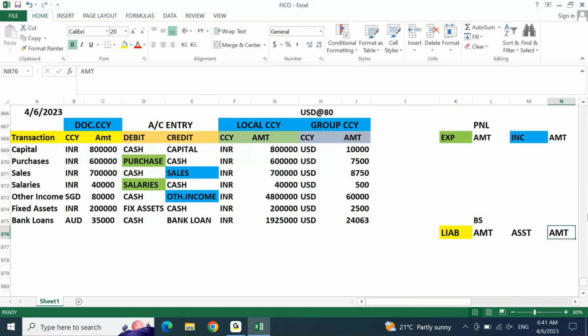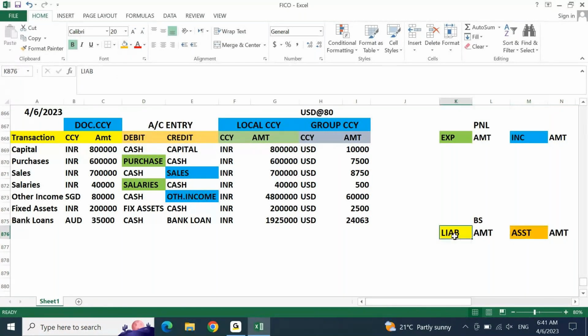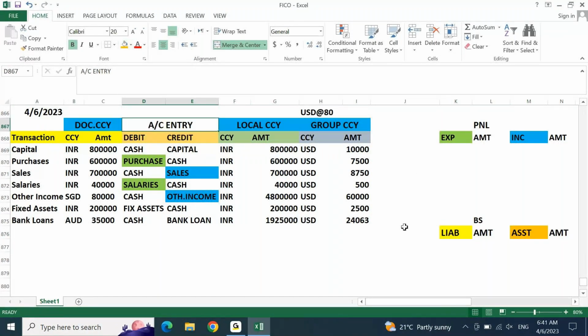All the assets, let us highlight with orange. Now, where are your liabilities? Capital. You have to look at the accounting entry and then Capital. Capital is a liability, so I'll put orange here.